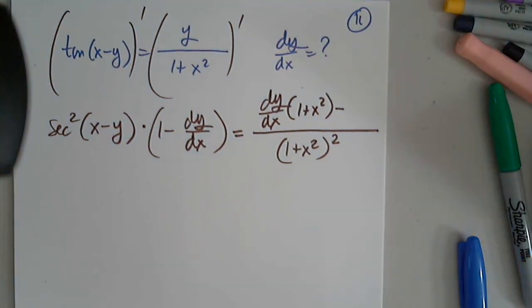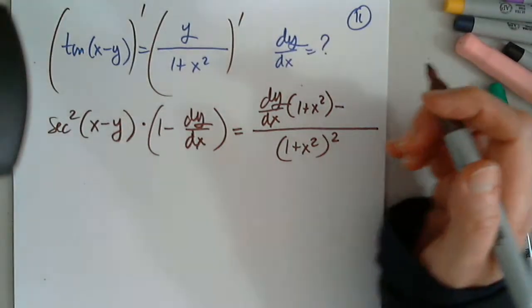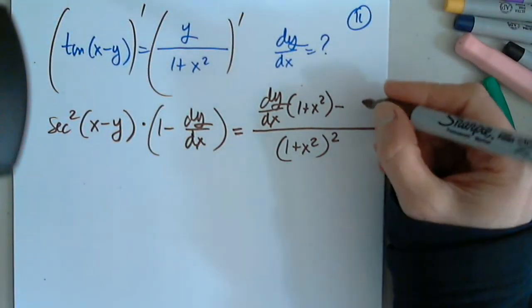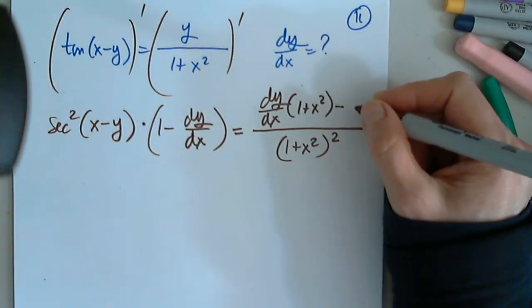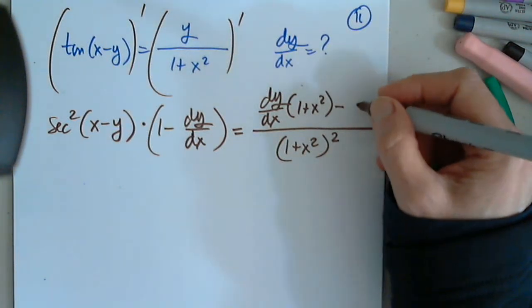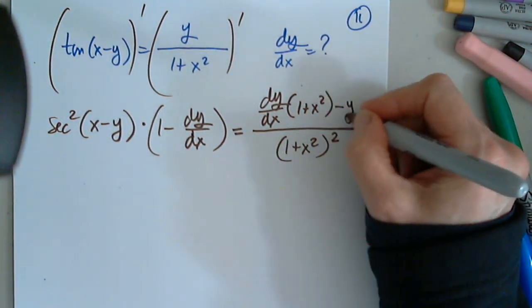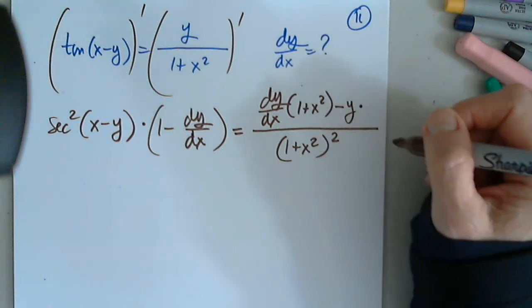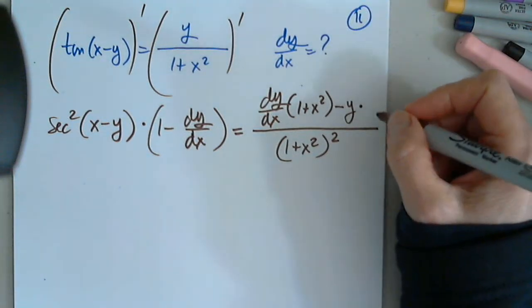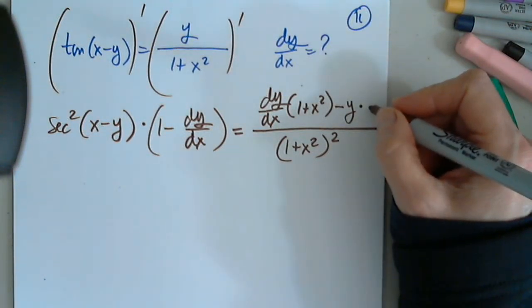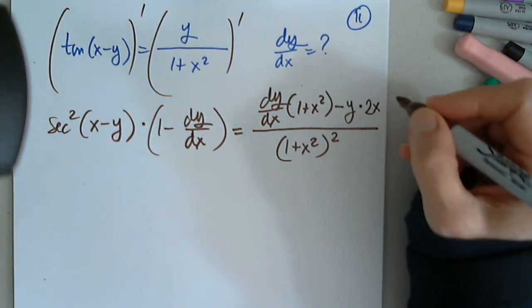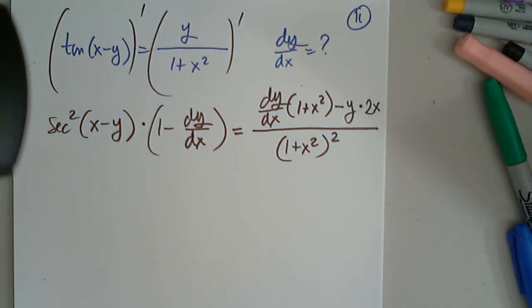Watch me. I run out of room again and again. That's my habit. What can I say? Copy the top, times the denominator prime. 2x. Look at that.